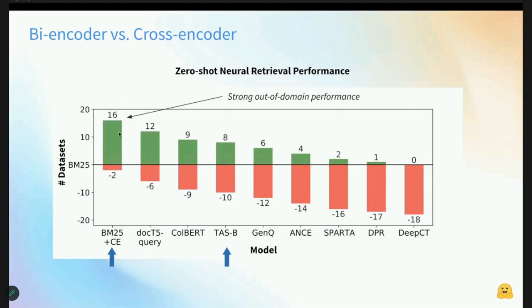And so you see that this hybrid traditional plus cross encoder generalizes really well to out of domain. It does better than BM25 alone on 16 out of the 18 data sets, while this dense embedding, just your regular bi-encoder method, only does better than BM25 on 8 of the 18 total data sets.